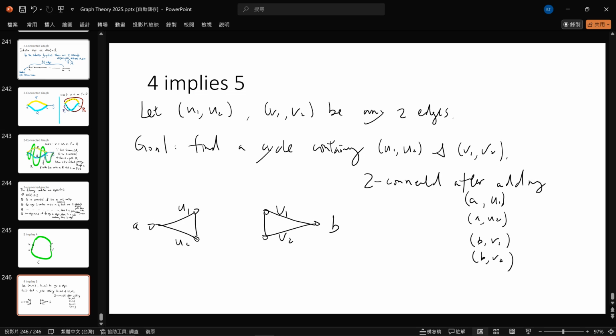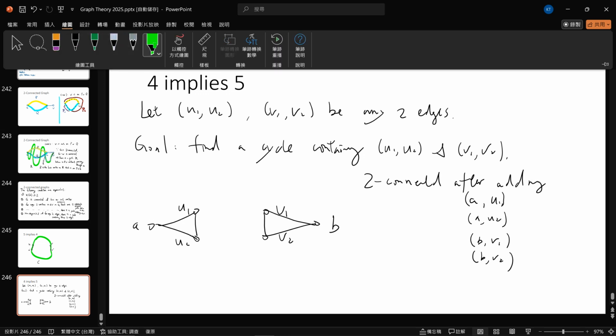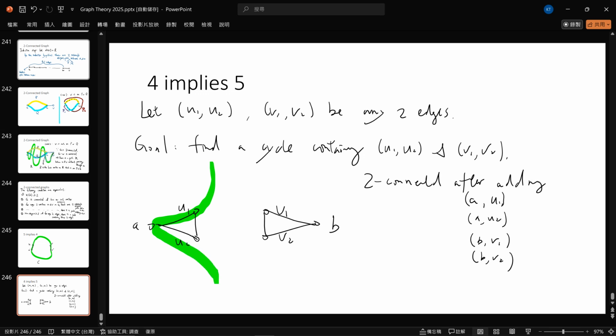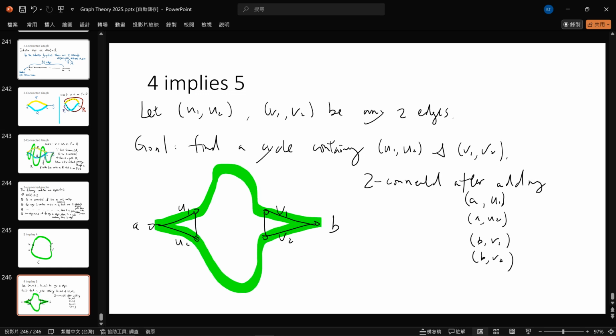Since the graph is still 2 connected, there's a cycle that contains A and B. This is by property 4: for any two vertices, there's a cycle. So to create the cycle we need for the original graph, we just replace this V shape with this H, U1, U2, and V1, V2.